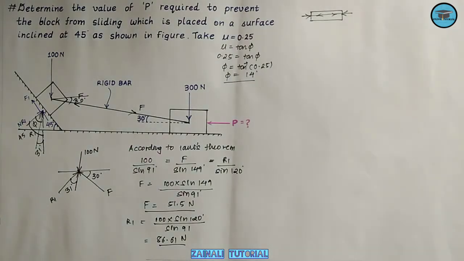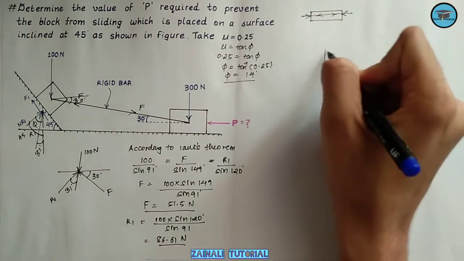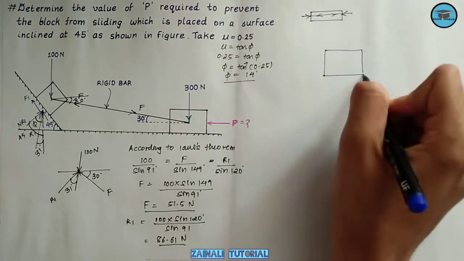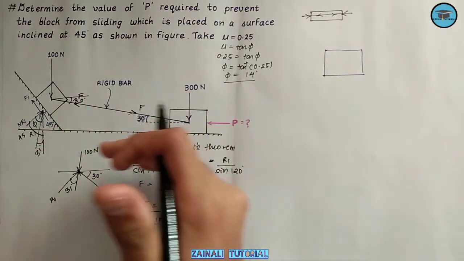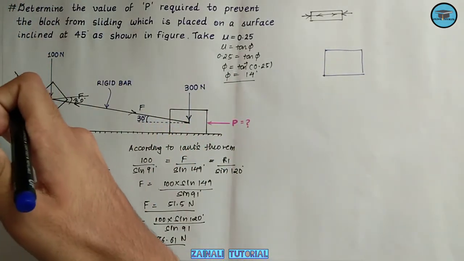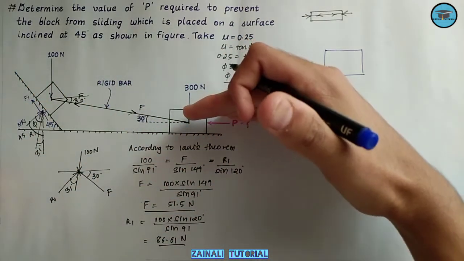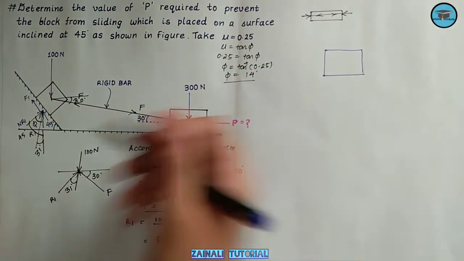Now we will be drawing the free body diagram of this block. So let us draw this block again. Since we need to apply this force in this direction, okay, actually if this block is sliding in the downward direction, this block will also move in this direction. So the frictional force would act in this direction.